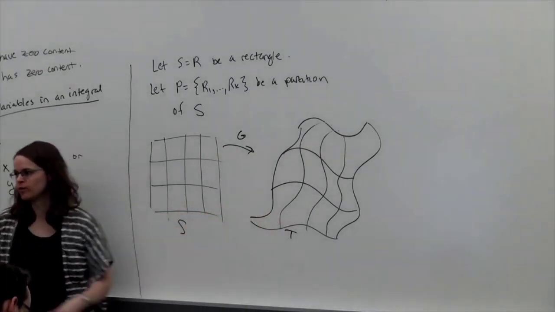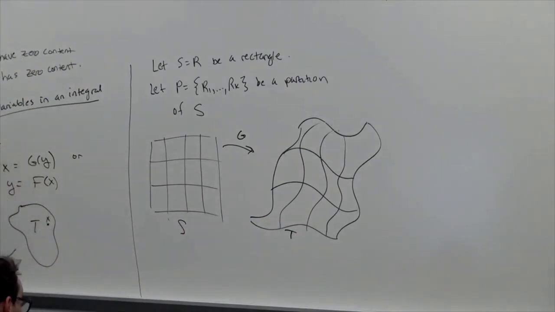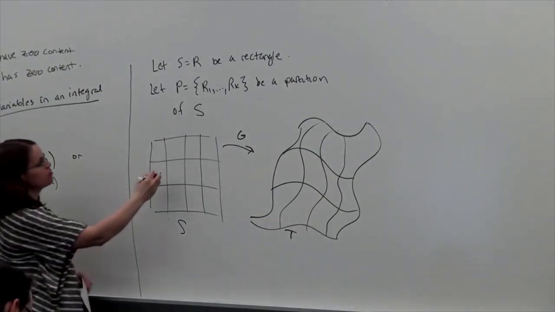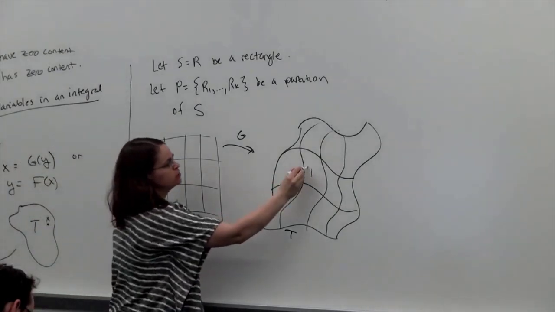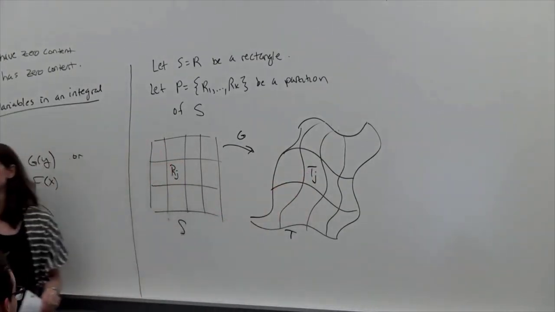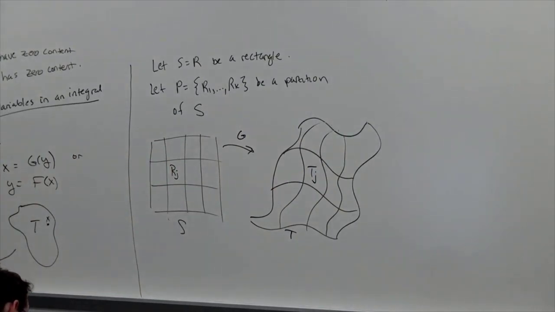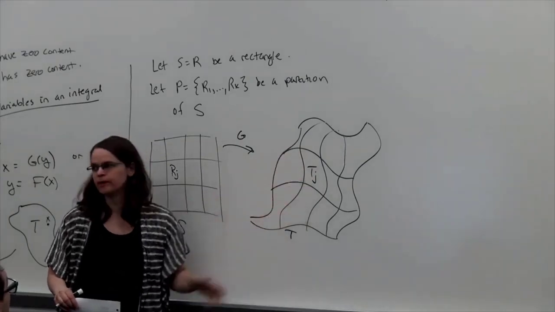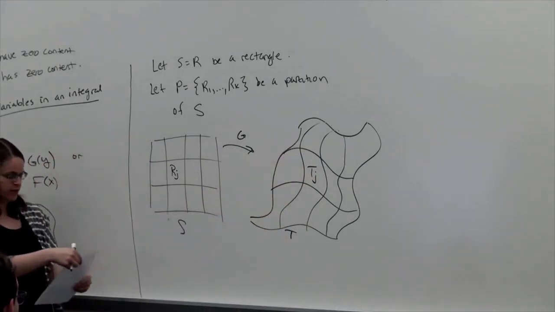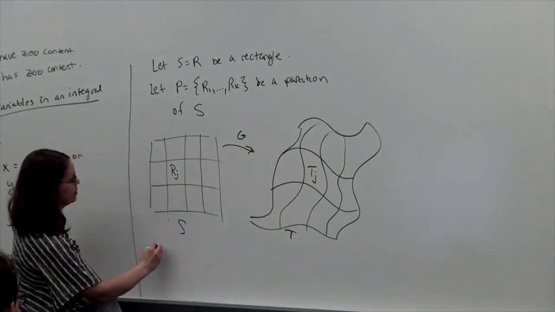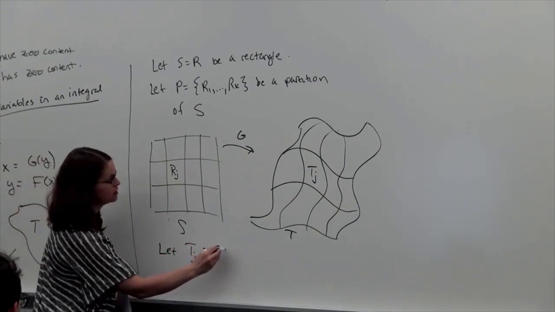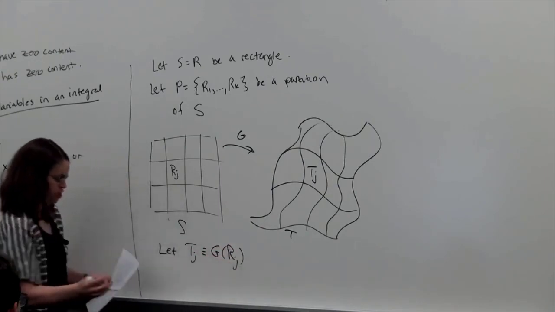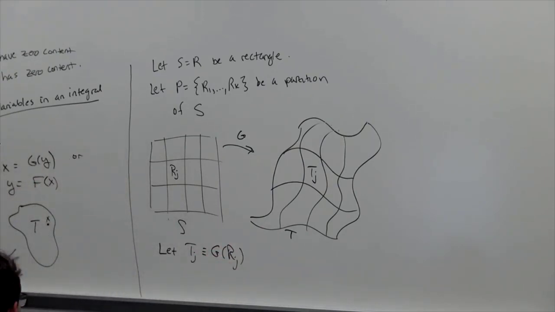These aren't rectangles, but they're subdivided into little chunks. And if this rectangle here is Rj, we're going to say that this gets mapped onto some little set Tj, which again is not a rectangle, but together these Tj's don't overlap except at the boundaries, so they're going to do all the nice things we need them to do. Okay, so let's let Tj be defined as g of Rj, the image of the jth little rectangle.